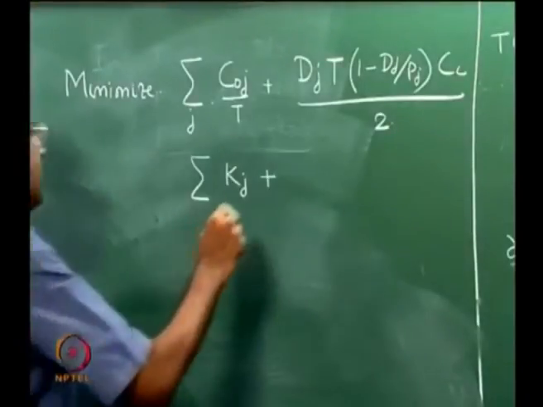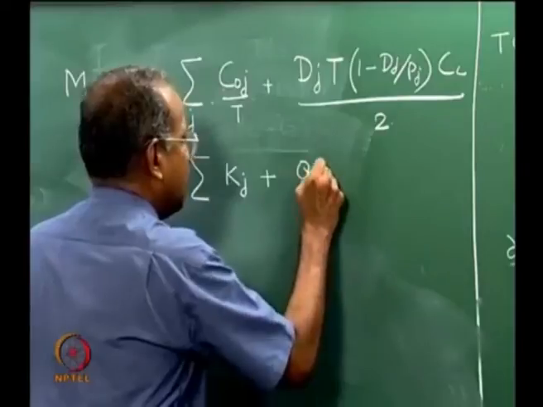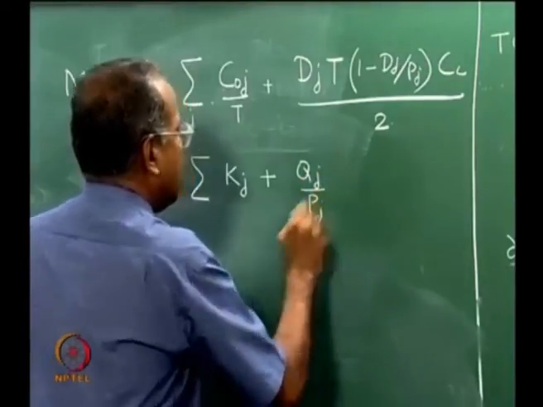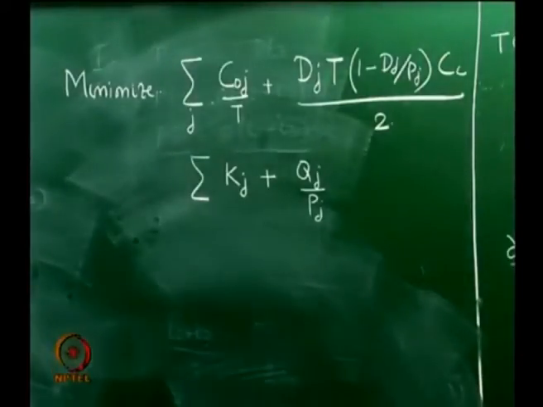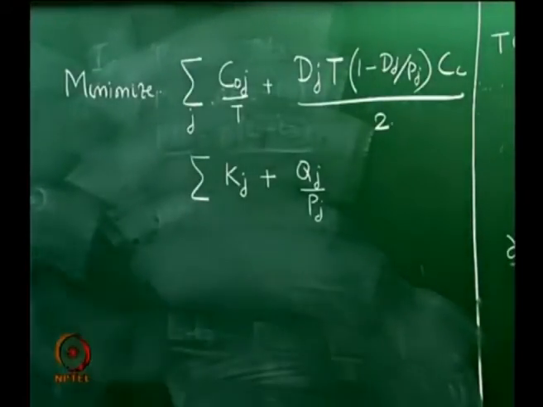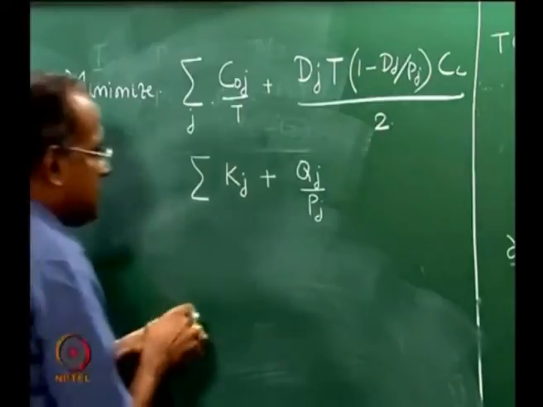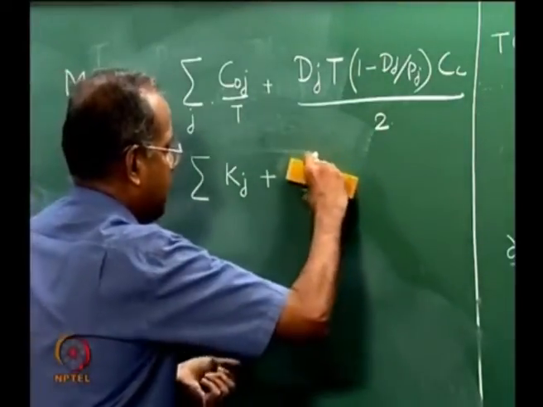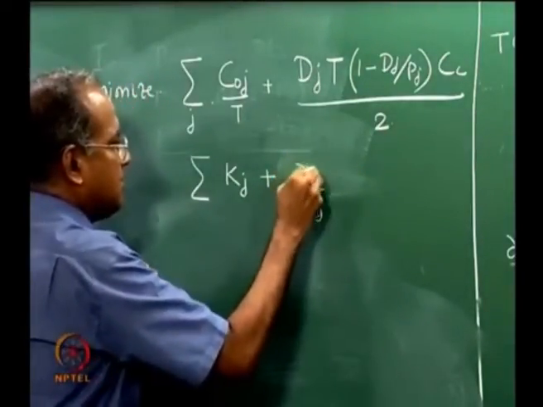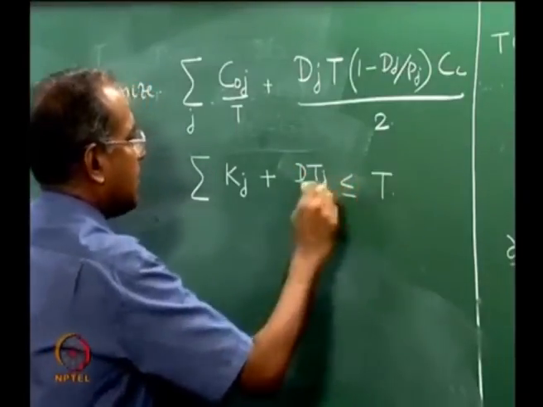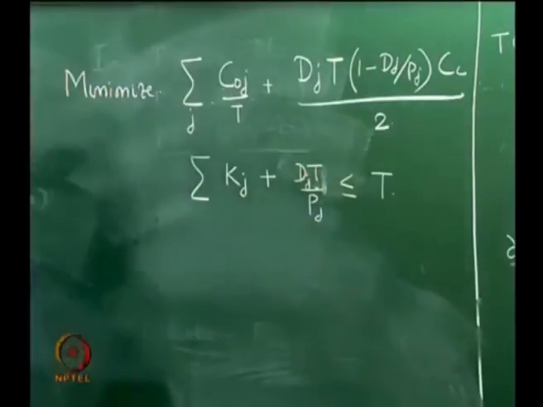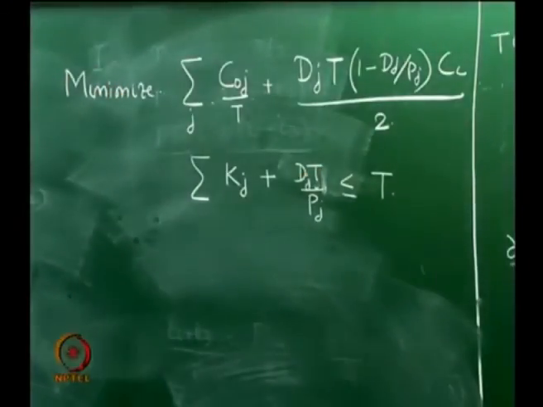So, production time is Qj by Pj, and Qj is d j T. So, this is d j T by Pj, and the sum is less than or equal to T.